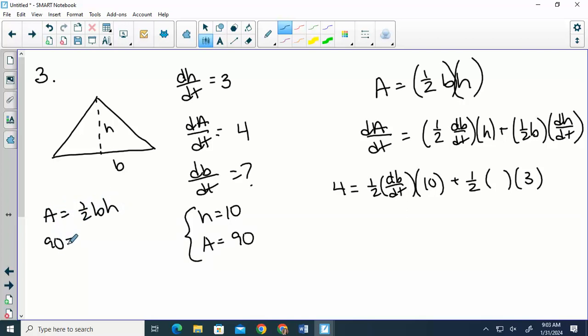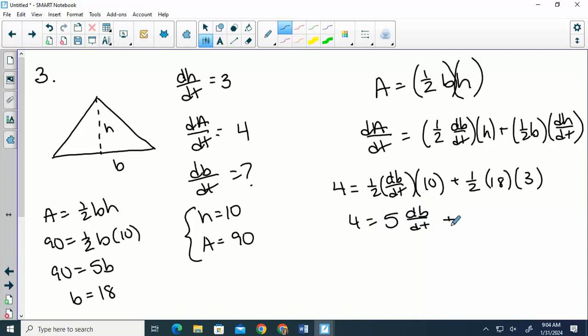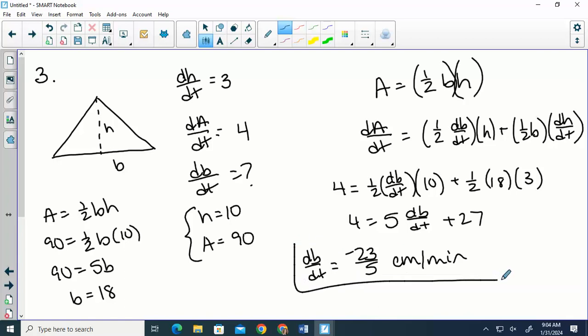So if the area is 90, the base is 18 at that instant. B was the base, which is measured in centimeters. T was time. So the base is actually getting smaller at that instant.